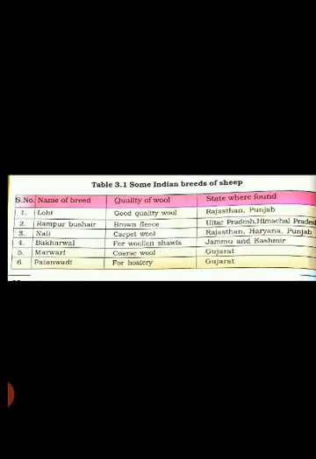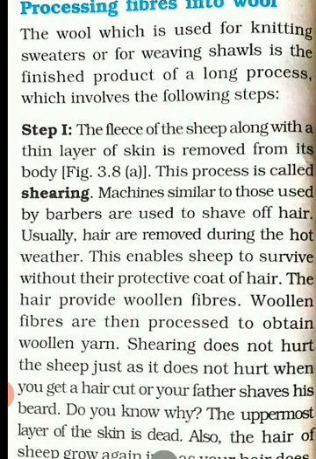Next is how the wool is processed. The first step is shearing. In this process, once the reared sheep have developed a thick growth of hair, the fleece of the sheep along with a thin layer of skin is removed from its body with the help of hair cutting machines.